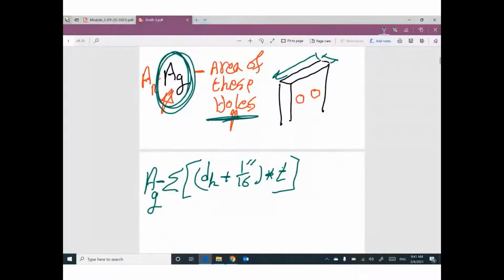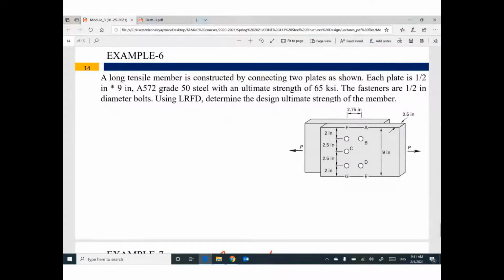Okay, we have an example here, and we need to design. I remember one of these problems looks like this, can be a problem or a question in the PE exam. We have a long tensile member constructed by connecting two plates.